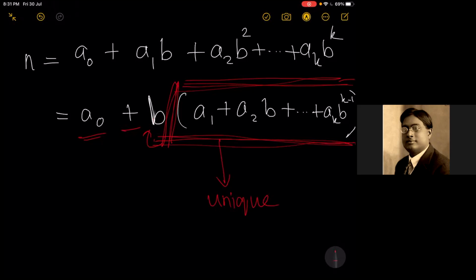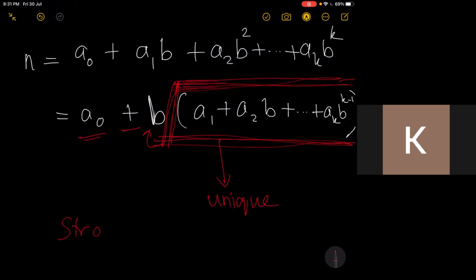Yes, sir. Okay. So how will I prove this is unique? I don't actually need to prove it is unique. Now if I apply strong induction, what was strong induction? I did not assume it for the previous one. I assumed it for all the previous ones from 1 to itself, right?